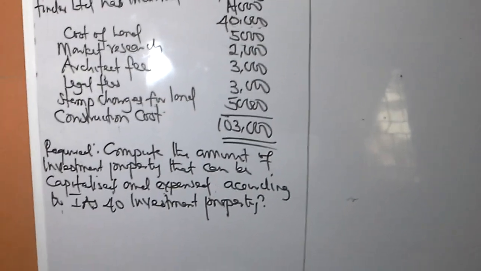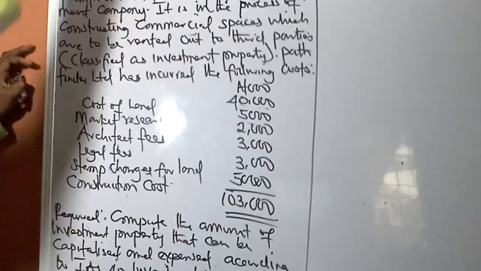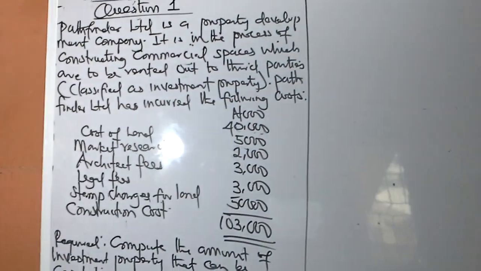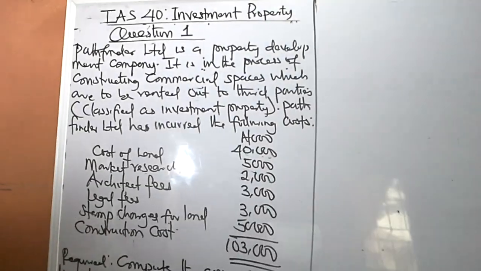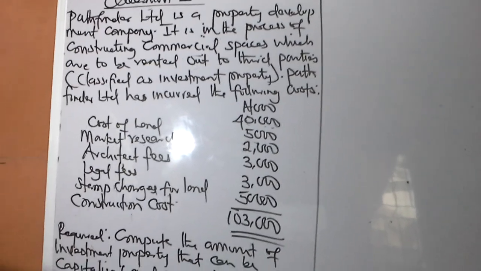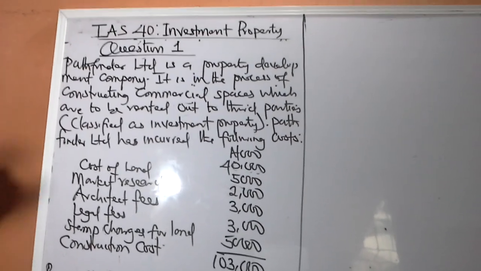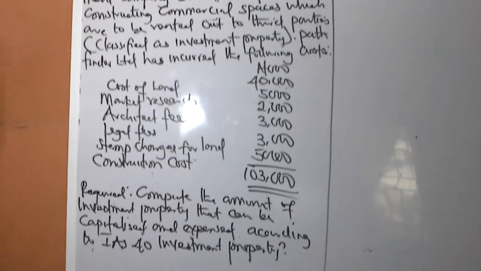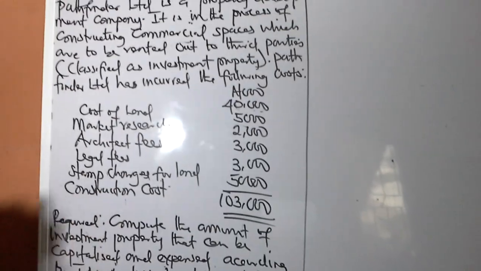IAS 40. Now this is a question about initial measurement. Remember that at initial measurement, the investment property is measured at cost plus other transaction costs.